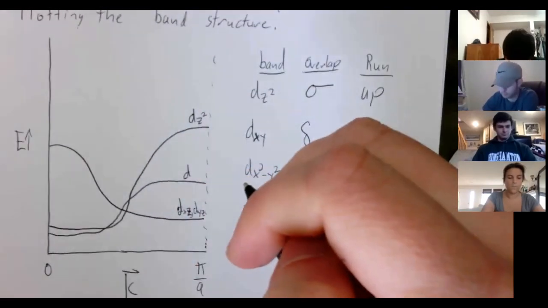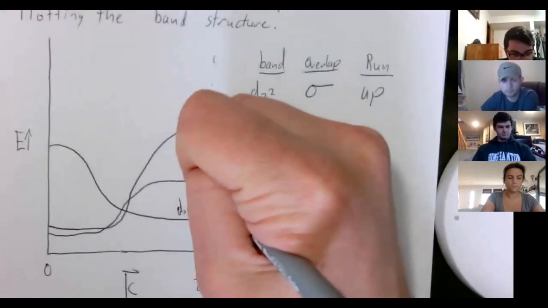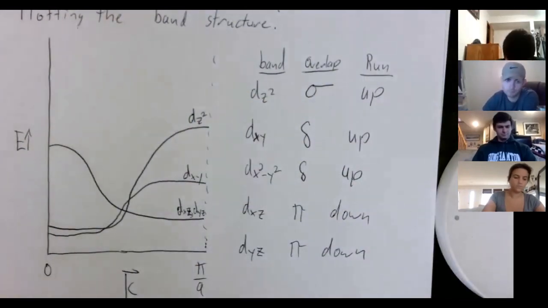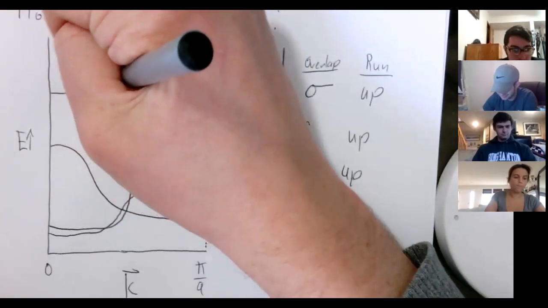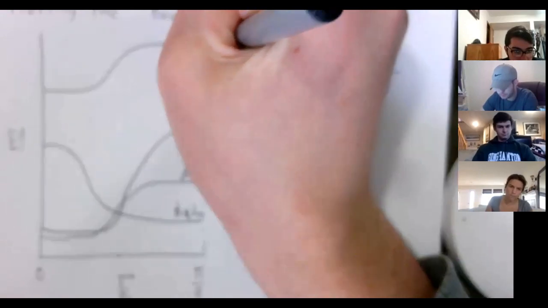And then what's the last orbital we've neglected so far? dx squared minus y squared. Yep. And it's going to have a dispersion like that.